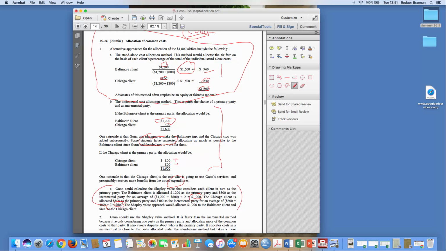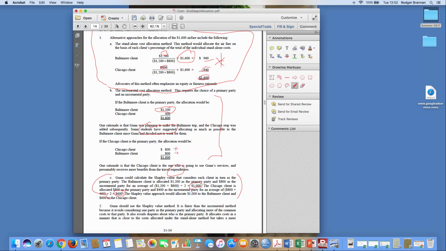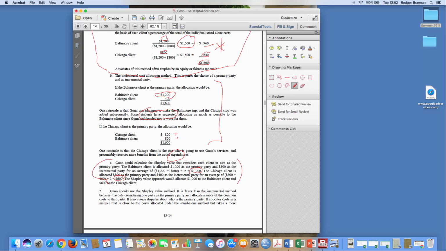So the standalone or proportional method is often the favored method, not only for allocating revenues, but allocating cost, because it's simple, it's easy to understand. Both clients and people within the company are going to say that it's inherently fair. And so from a political point of view, you're not going to get any pushback on using the standalone or the proportional method.